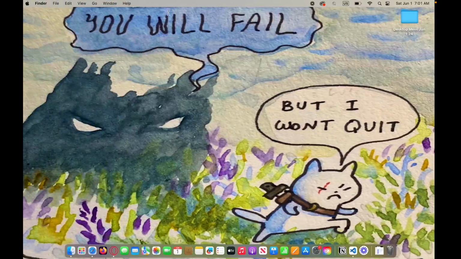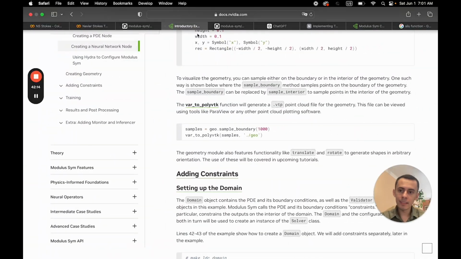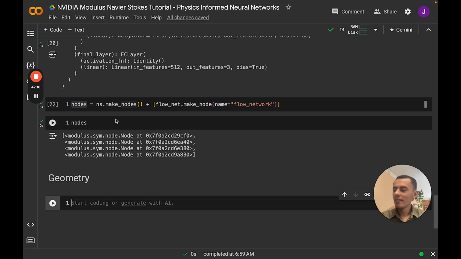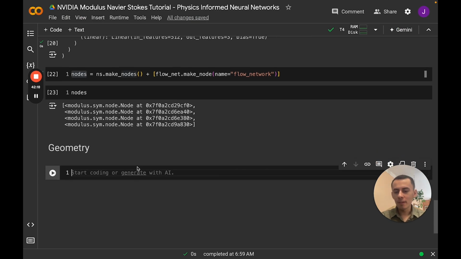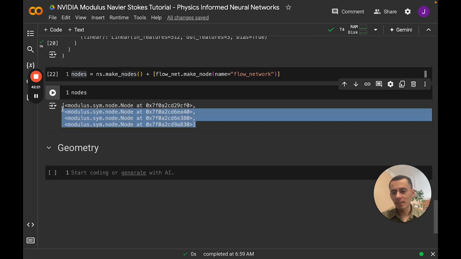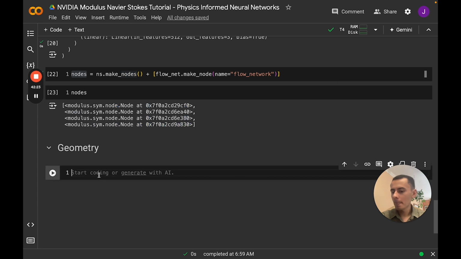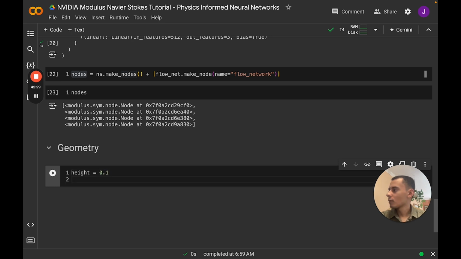I don't want to confuse you or myself. So we're going to just keep going. As I already explained the setup, now the geometry. It's just a rectangle, so 0.1 height, same for the width. It's a square, really.